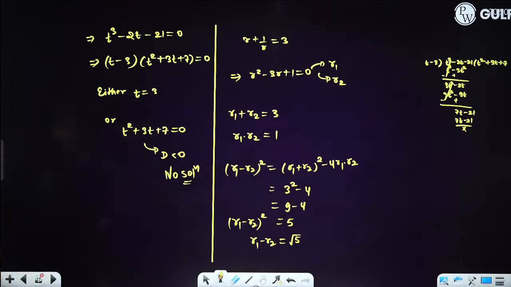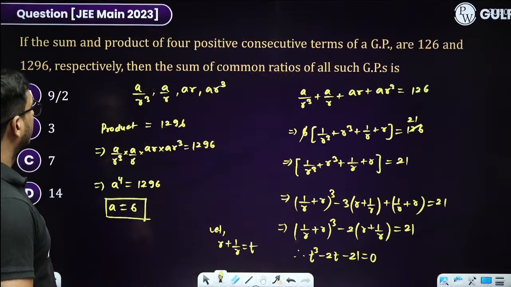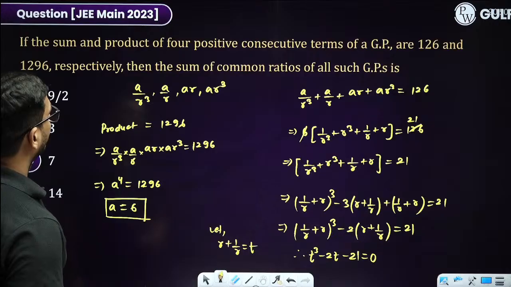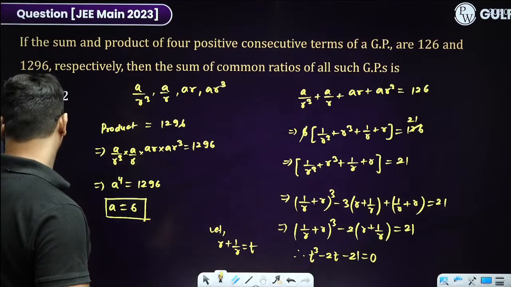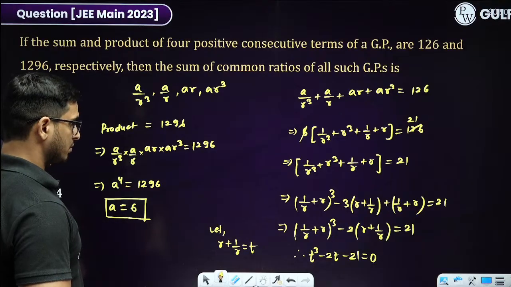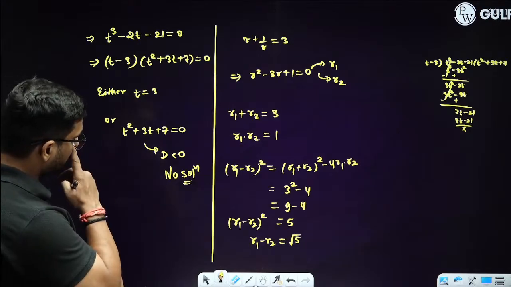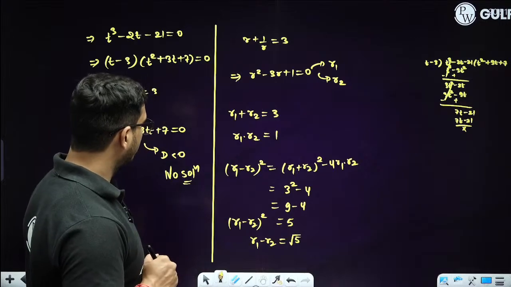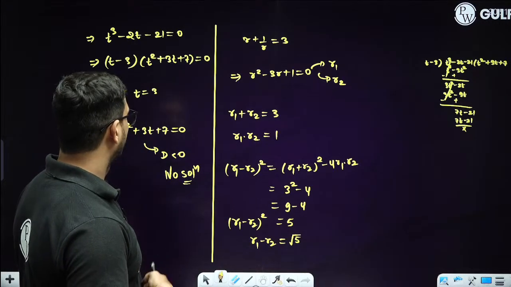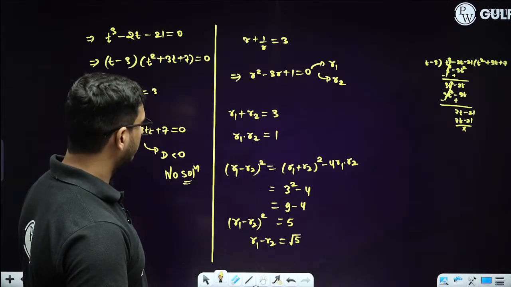Let me see the answer, guys. We have to find the sum of common ratios of all GPs. r1 plus r2 is given 3, r1 into r2 is also given 1.